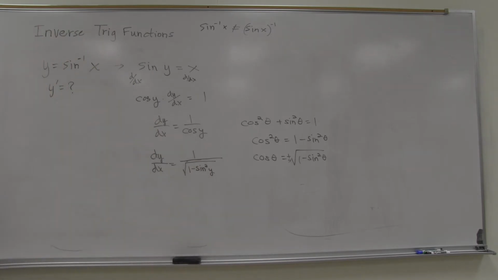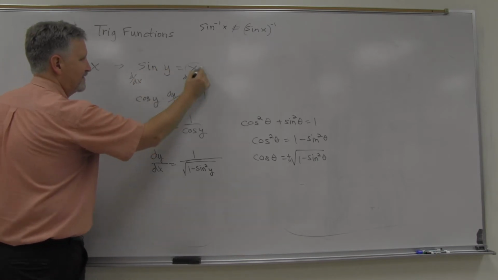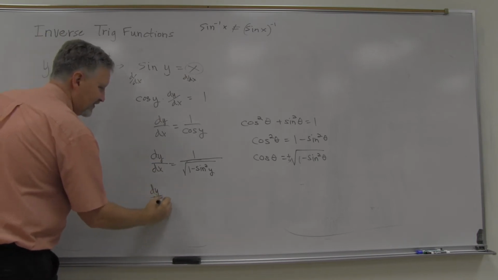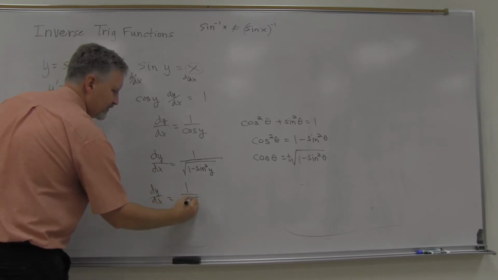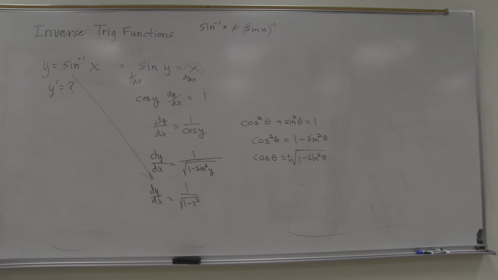We're almost there. That's still in y, but what's sine of y? It's x. So it turns out dy over dx is 1 over the square root of 1 minus x squared.